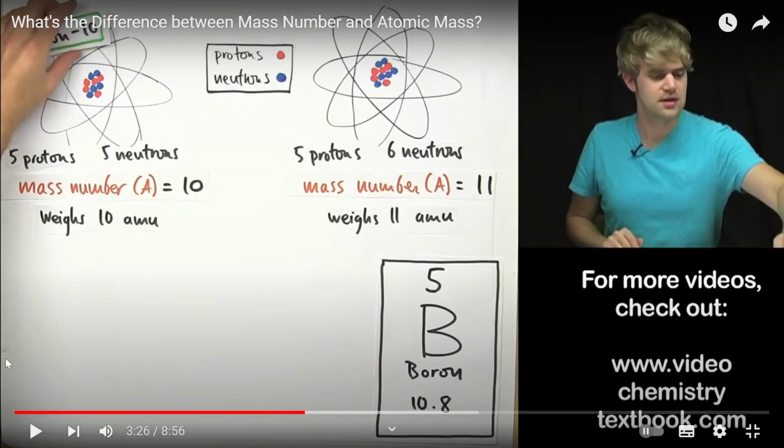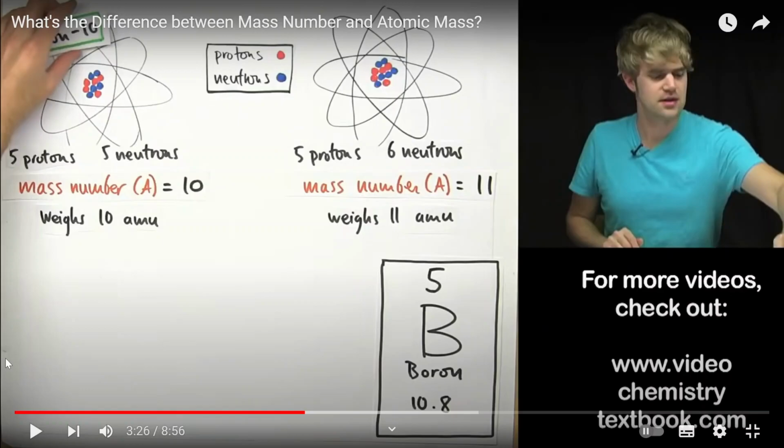So, there are billions and trillions and gazillions of boron atoms in the world. If we could pick one up at random, it could be either one of these two types. Okay, it could be a boron 10 atom with 5 protons and 5 neutrons, or it might be a boron 11 atom with 5 protons and 6 neutrons. So boron comes in these two versions.